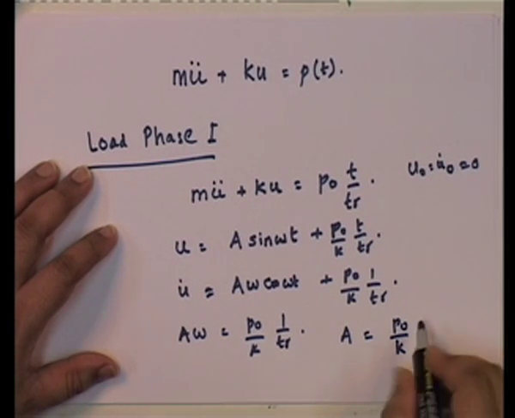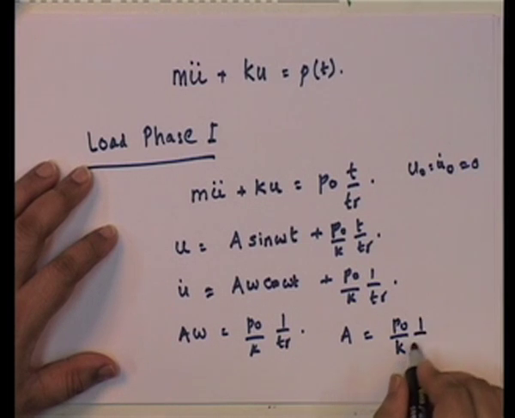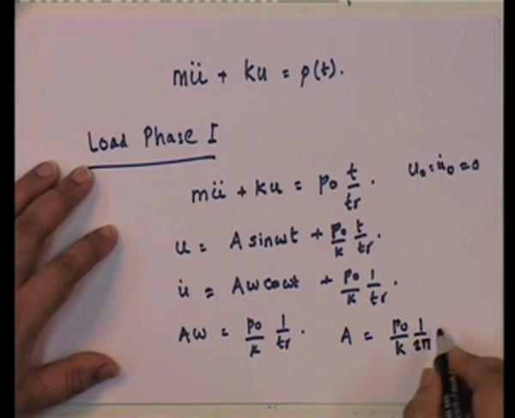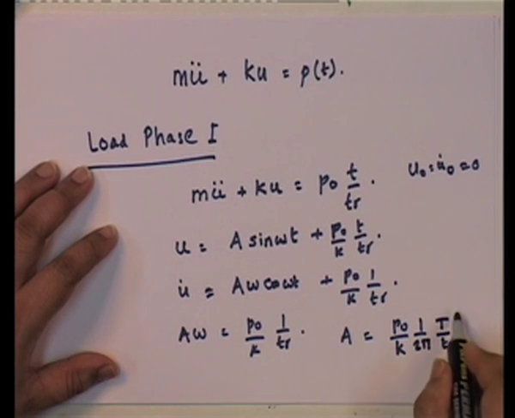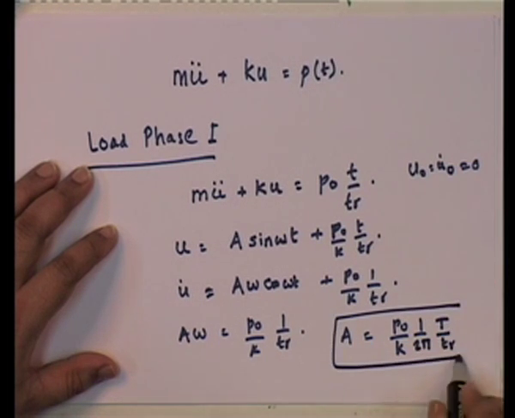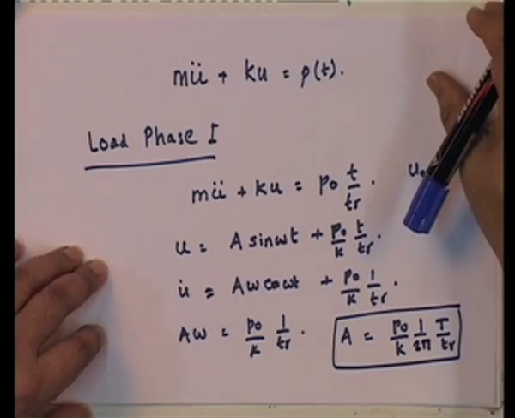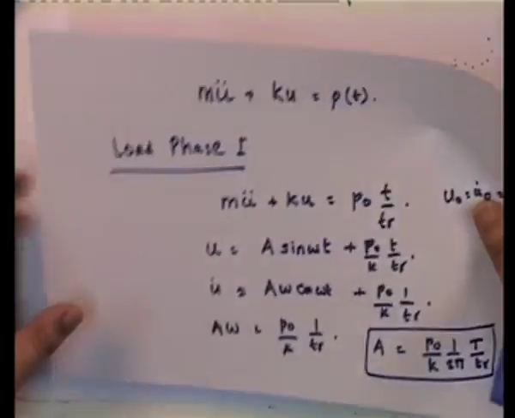You have 2 pi over here, and on top I have T upon T r. So, this becomes my A.